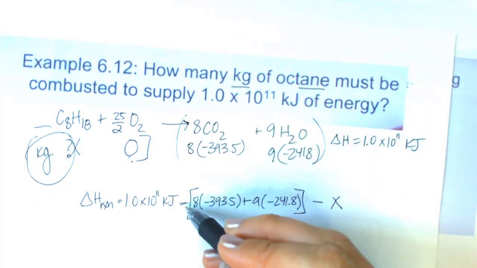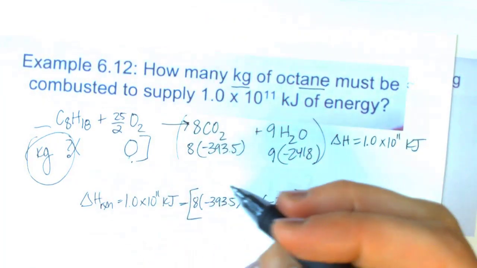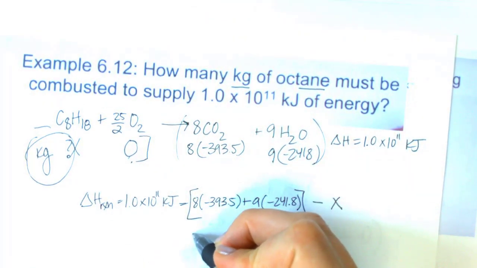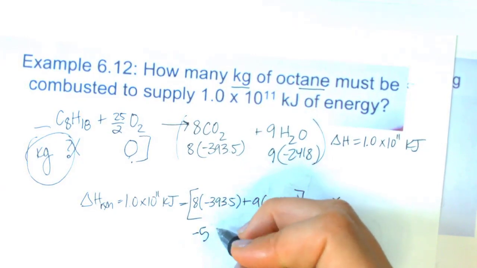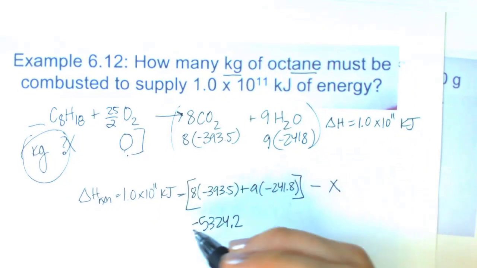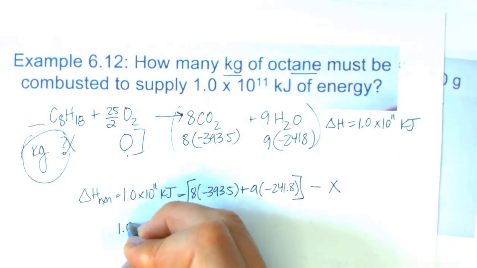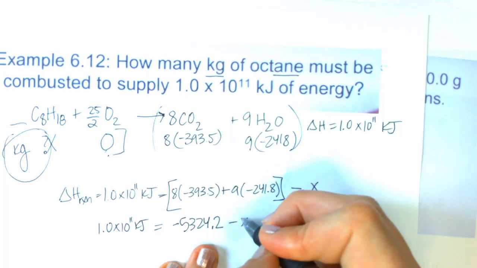All right, let's simplify this. We should get negative 5,324.2. So we've got 1.0 times 10 to the 11th kilojoules equals that minus x.